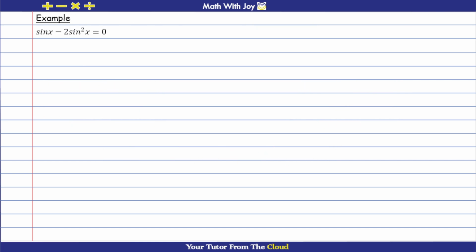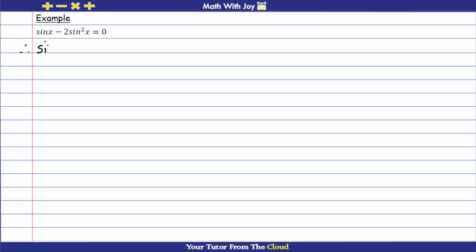So now in this next example, we are going to practice how to find a general solution using the steps that we discussed previously, although I am not going to do step 5 with you here. Now finding the general solution here, I have two terms, and when I have two terms and they both have a sine, I can just factorize.